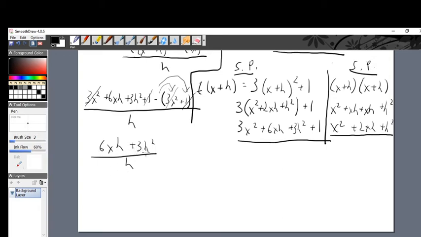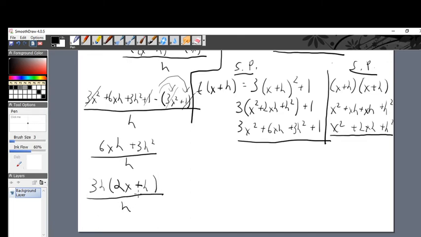In other words, I'm factoring the top. 6xh divided by 3h is going to be 2x, and 3h squared divided by 3h is going to be plain h.